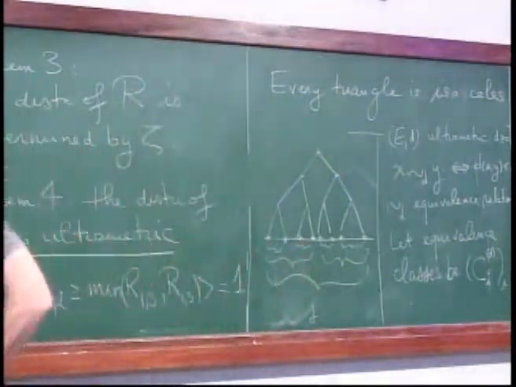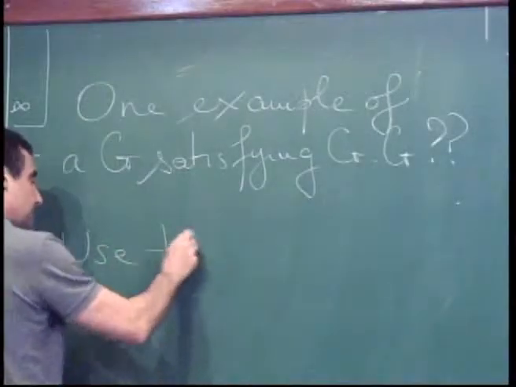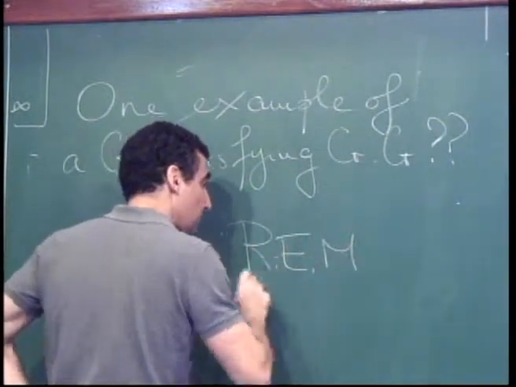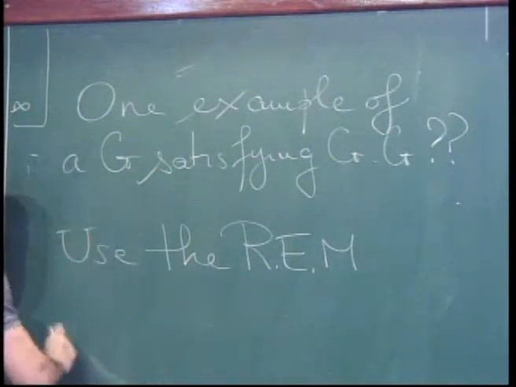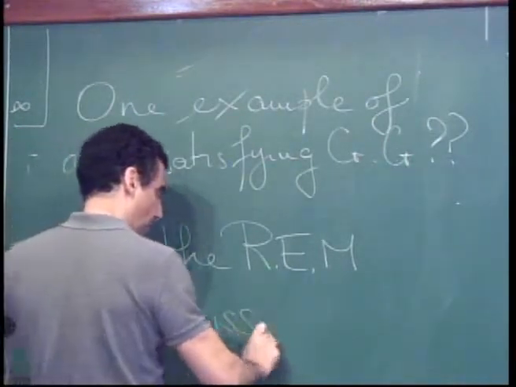And so, not clear. And the answer is, use the REM. That's the answer for physicists. Let's use the random energy model. The answer for a mathematician is use Poisson-Dirichlet, which is the same.